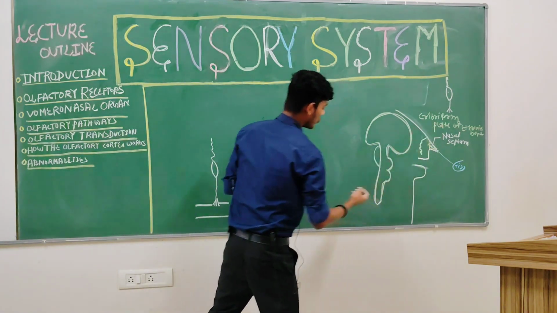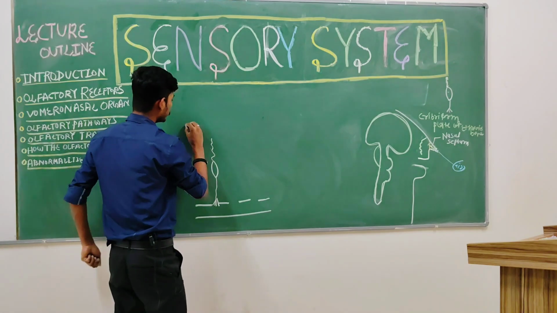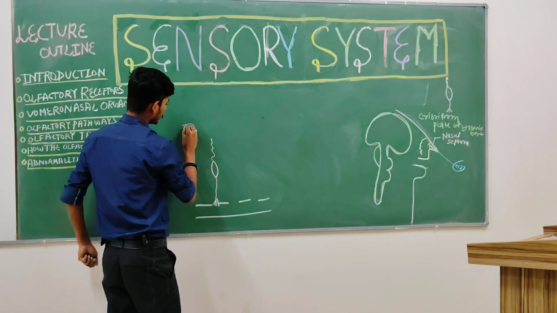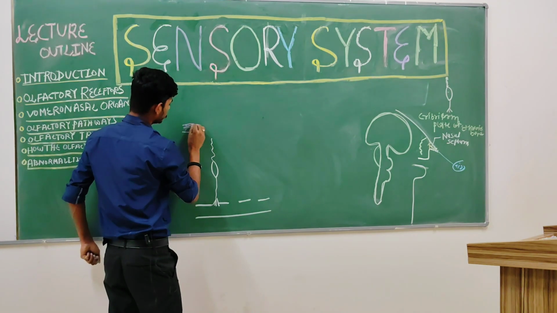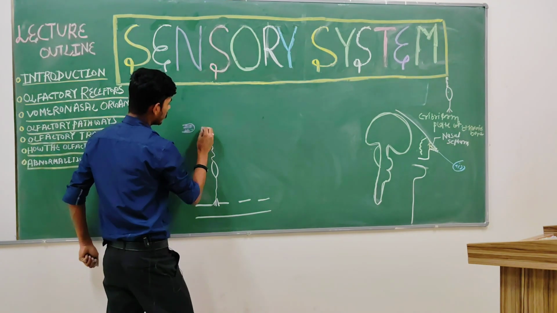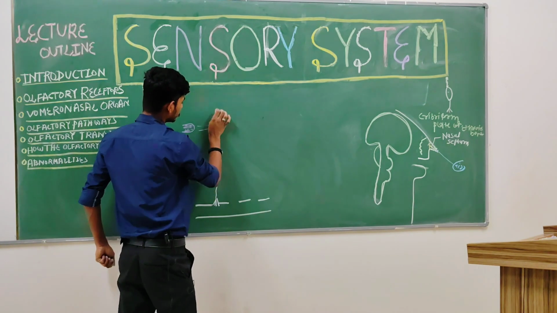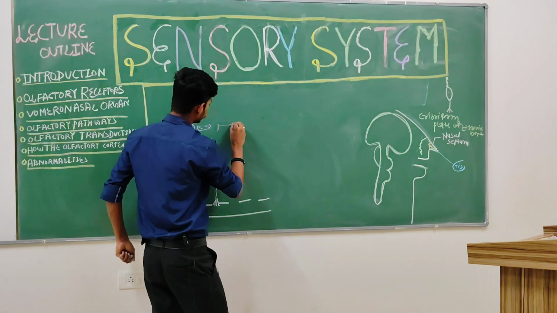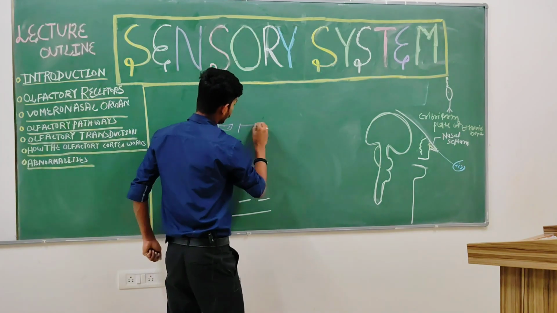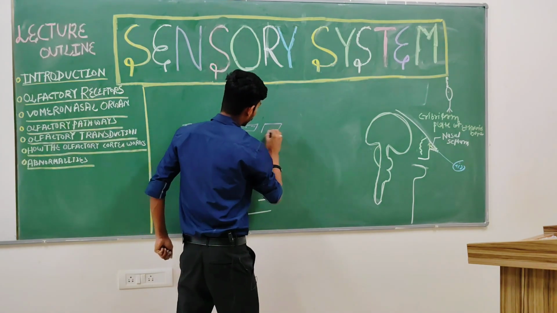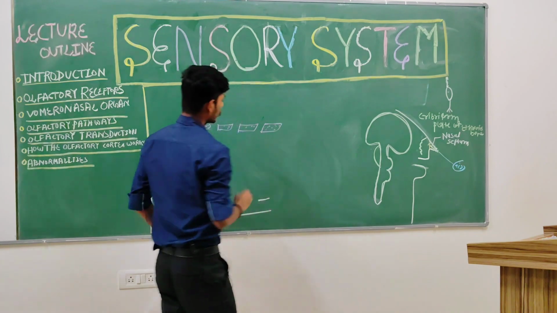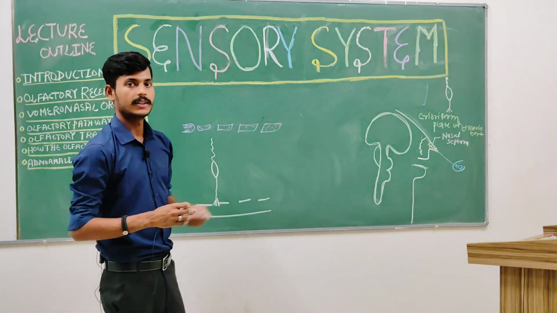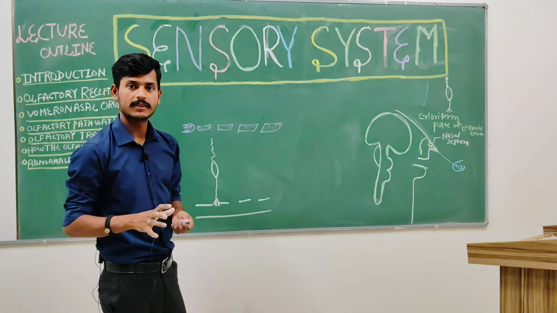Cribriform plate of ethmoid bone. Okay, this is the cribriform plate of ethmoid bone. They are present, and which nerve innervates this nasal cavity?